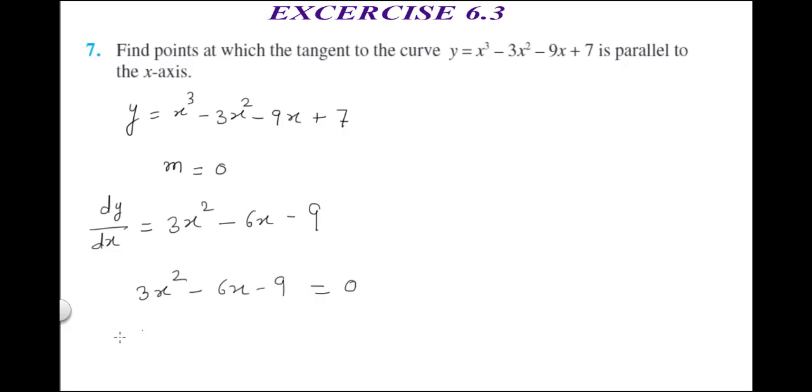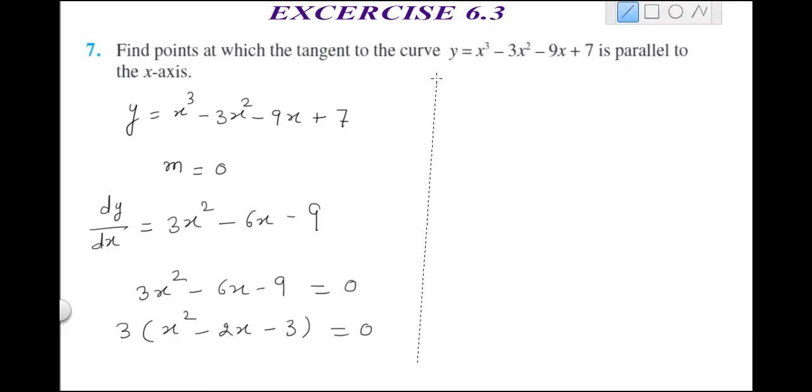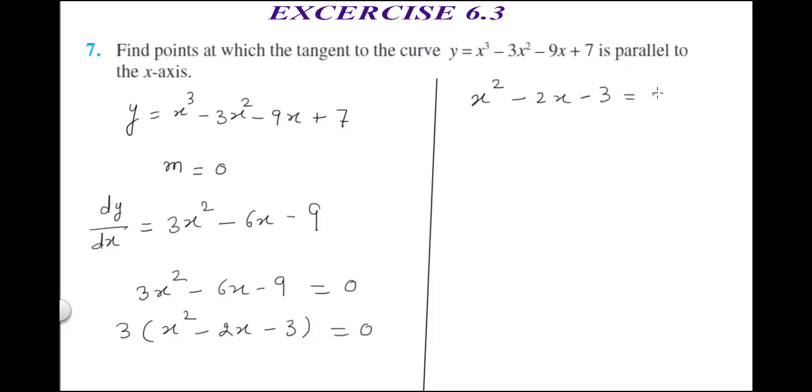We can take out 3 common. We have x square minus 2x minus 3 equals 0. Now solving it using the splitting middle term method, we can write it as x square minus 3x plus x, since this gives us minus 2x and the product gives minus 3x square.